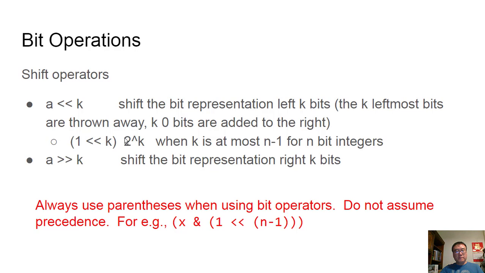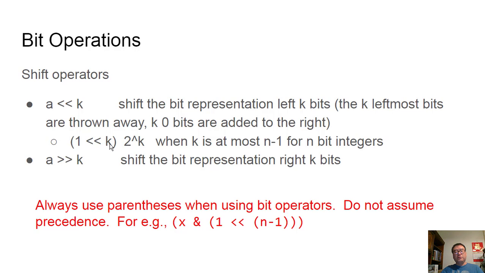For example, if we have 1 left shift k, that gives the value 2 to the k. This is the case when k is not too large. If we have n bits, then when k is at most n minus 1, this is true. When k is bigger, we get 0.